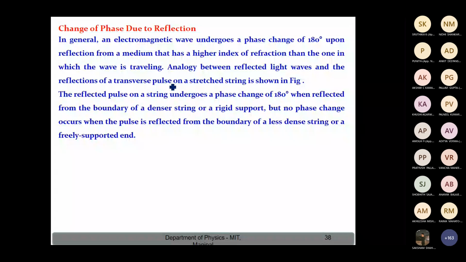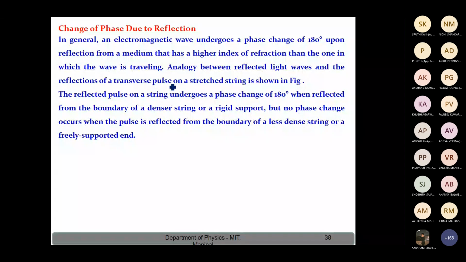Whenever the light undergoes reflection, in some cases there is a change of phase. When does that happen? So we will discuss the two things. One is the phase change due to reflection, then the optical path difference. These are two things which you need to understand before setting up the equation for interference from thin films.